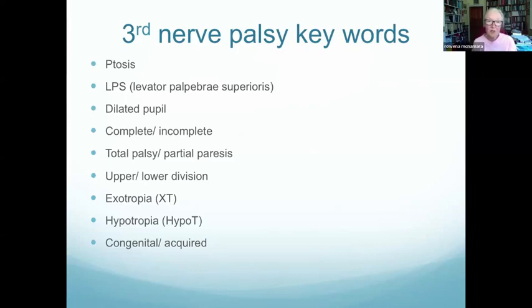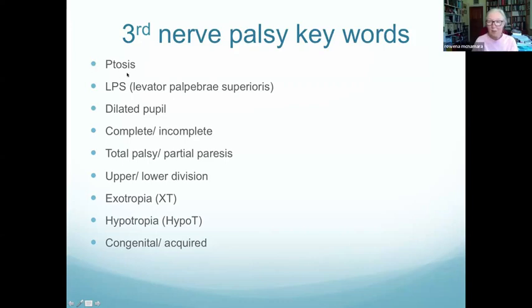Starting off with the third nerve, there's got a lot of perhaps new terms. So I'm just going to list the terminology that we use for the third nerve palsy. So in a third nerve palsy, the nerve innervates the levator. And so you will get a ptosis happening if the third nerve is completely out of action.